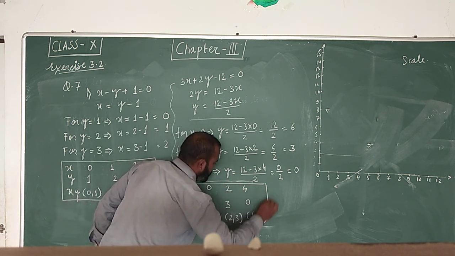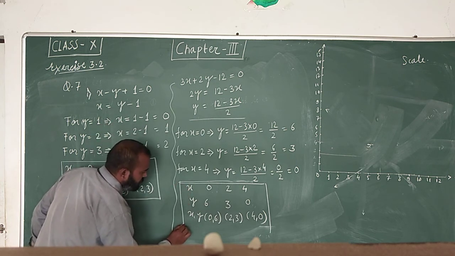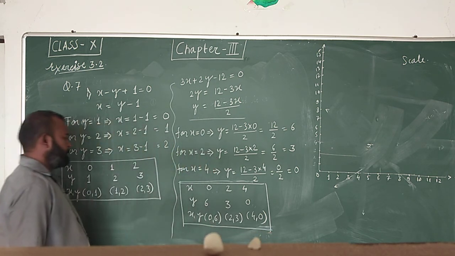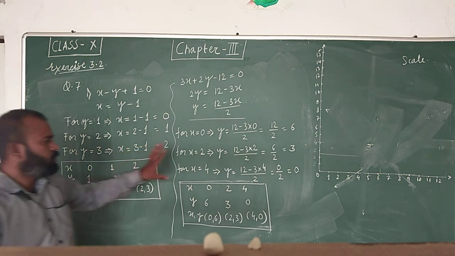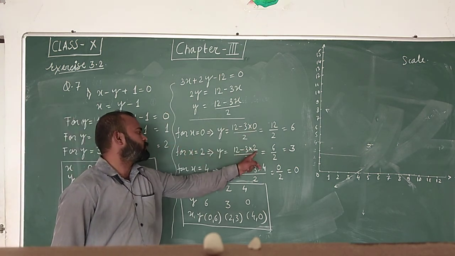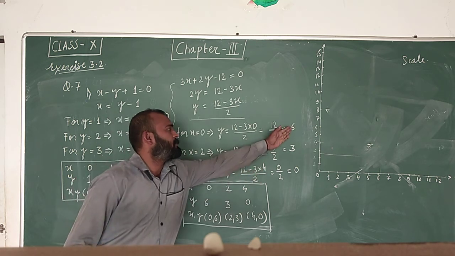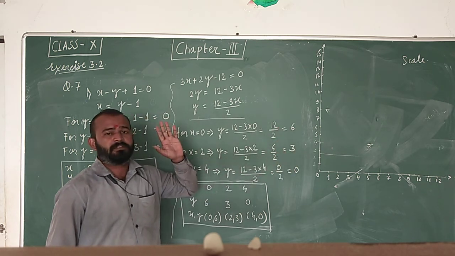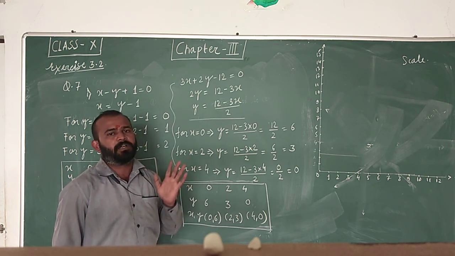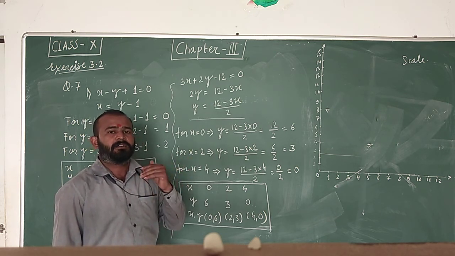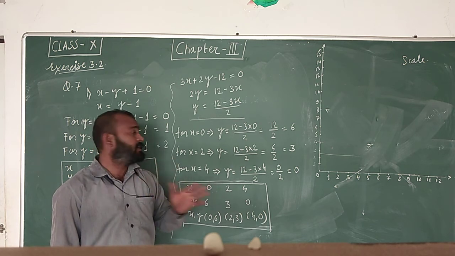That we need to draw the lines of the two equations. The first line will be given by this table. See here, you should put a proper number. I put 0, 2, 4 because here also the answers are coming as whole numbers. If you put random numbers, think before writing the number.